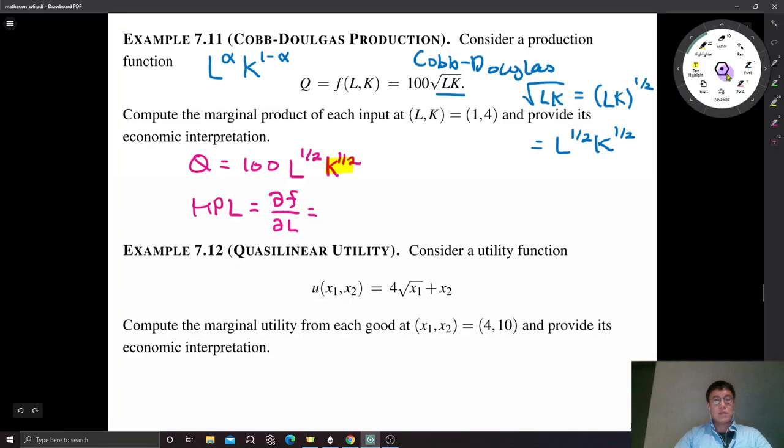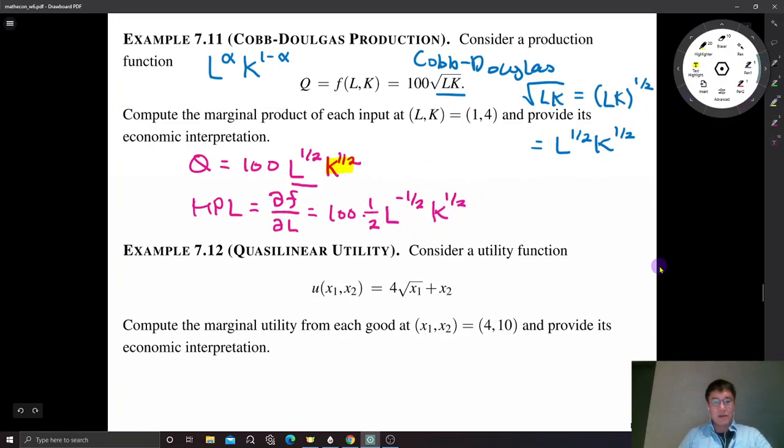Okay? So in this case, if we just take the derivative of the L term, then the power 1/2 comes up front, and we take 1 away from the power. So the new power becomes negative 1/2, and then the K term, because that is a constant and is multiplied, we just leave it alone. So that is MPL. Okay.